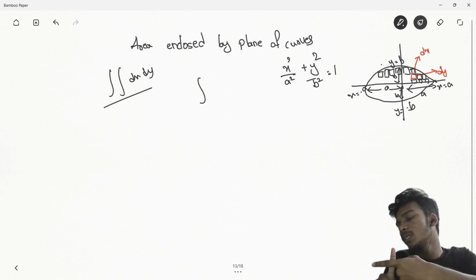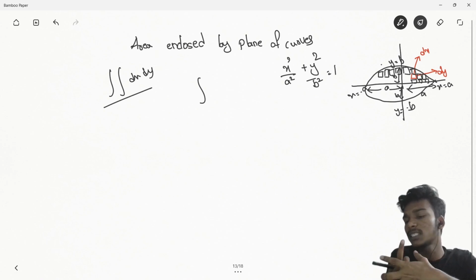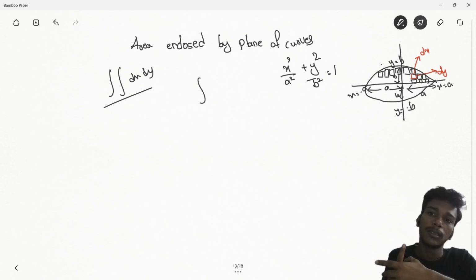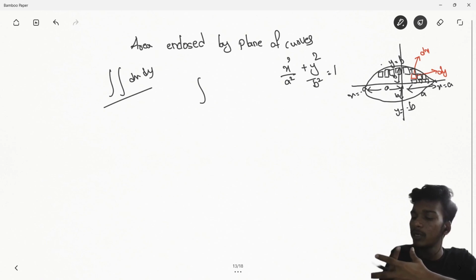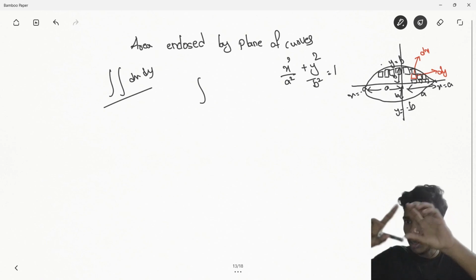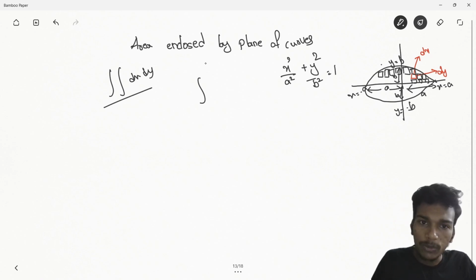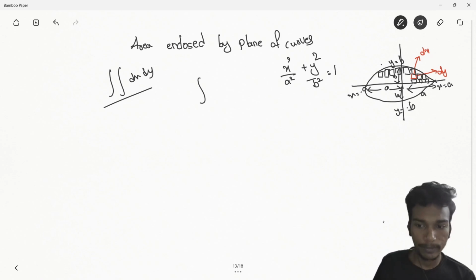If one variable is moving in this direction, another variable is moving in this direction. If dx is moving forward and dy is moving downward, we are continuously summing up these values, and we are going to get the whole area of a given region, right? That's the analogy behind using double integral for finding the area bounded between two curves.